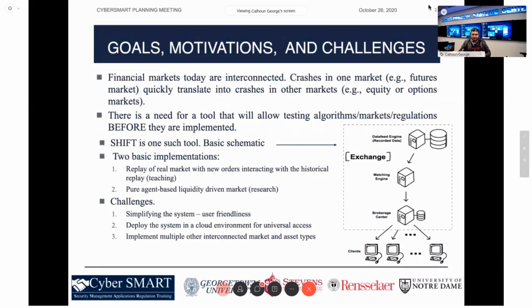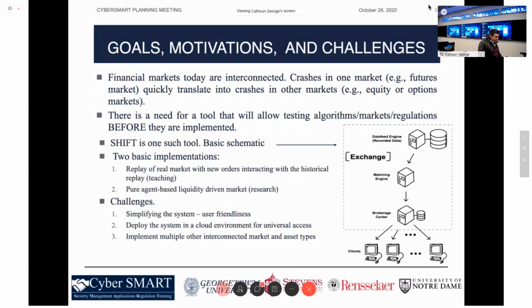It would be executed with whatever liquidity exists, but then because we're having a replay of the real market, we have to actually wait for one side of the book to fill this market order. So it is some limited liquidity capability in this implementation. We use this implementation purely for teaching.